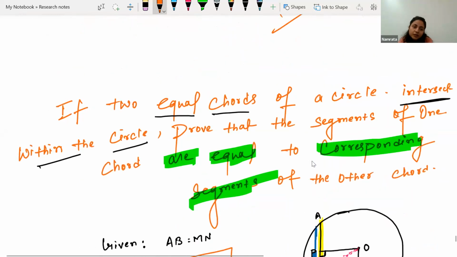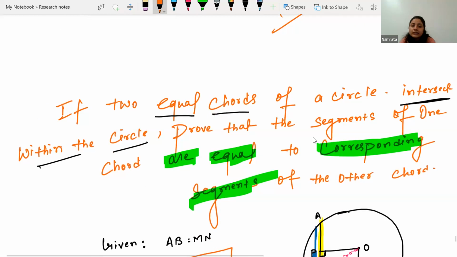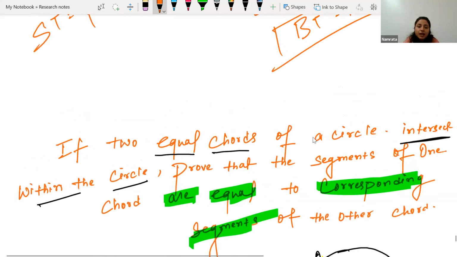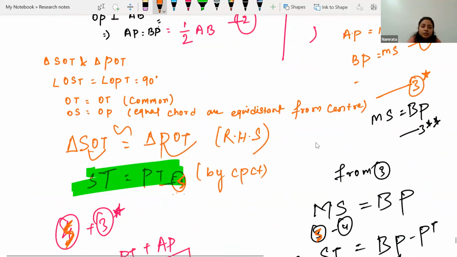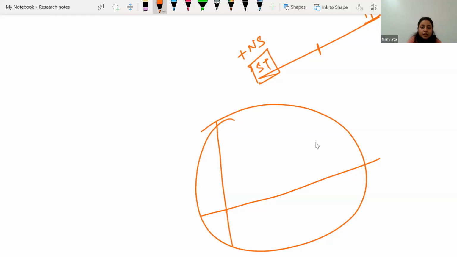See the theorem. If two equal chords, we have drawn equal chords in the circle, AB and MN, of a circle intersect within the circle. We are having a circle where two equal chords are there, both intersecting within the circle.